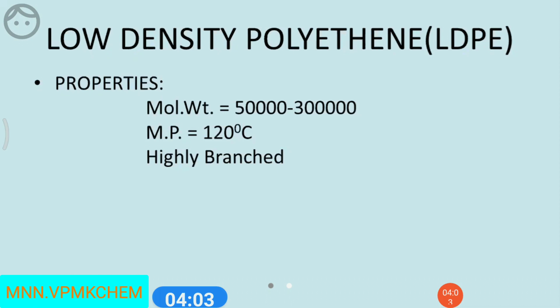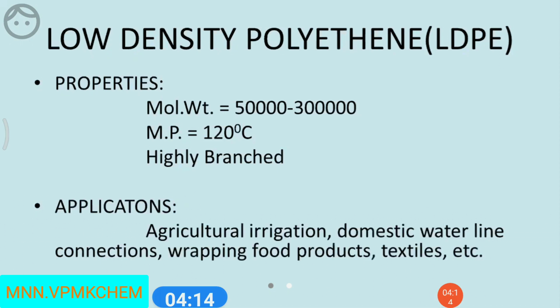It is highly branched, so it cannot pack in a particular manner, and it has low density. When we talk about the applications of this LDPE, these are the few mentioned here. It is used in agricultural irrigation, domestic water pipeline connections, wrapping of food products, textiles, etc.